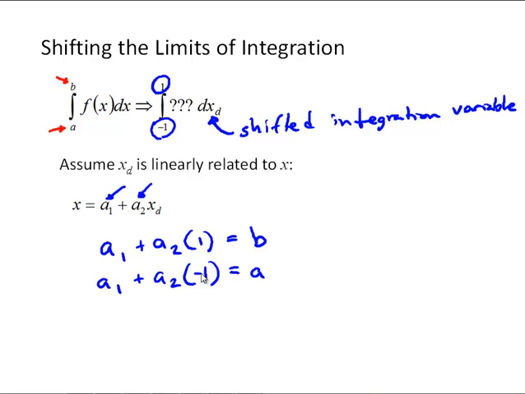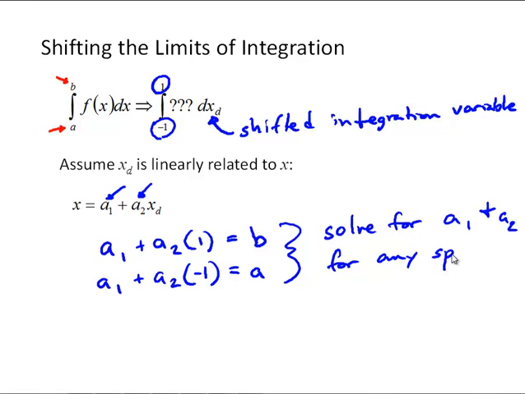And so we can just use these two equations, this is now just a linear system for a1 and a2, so we'll solve for a1 and a2 for any specific problem.